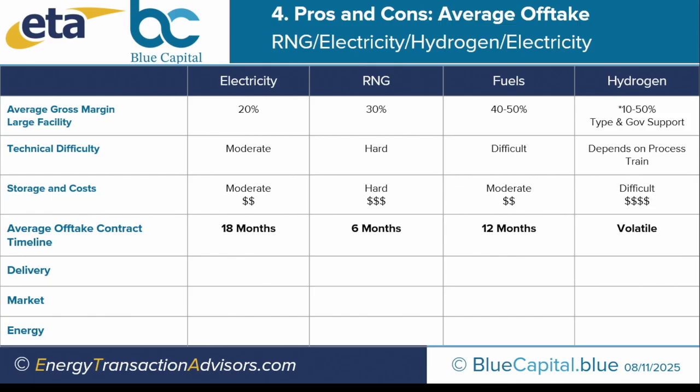Fuels sounds like it would be simple, but because they're major companies and they have high profiles, you go through a process with them. So it's not just an offtake contract. You have to meet their specifications, and often they want you to produce the product for them to test in their laboratories. This is a long process. My last offtake contract with a major Fortune 100 took 12 months.